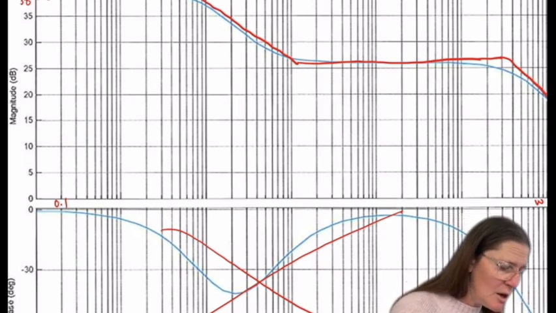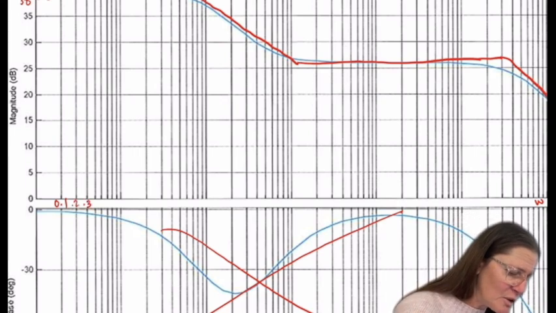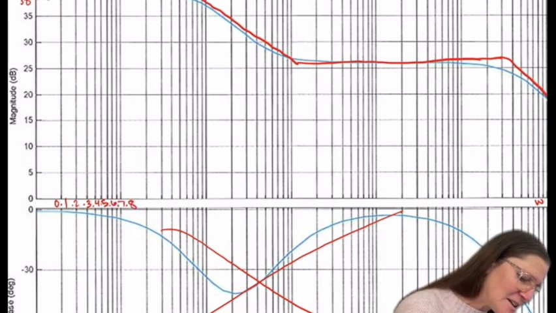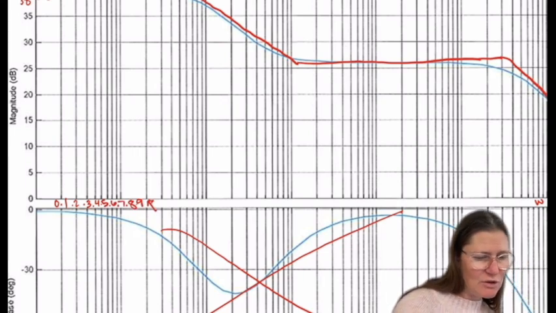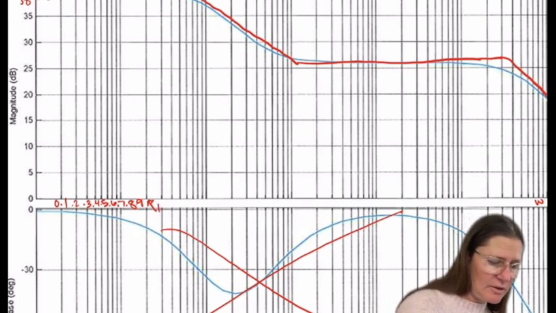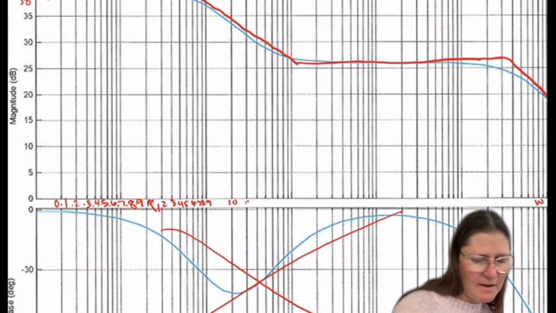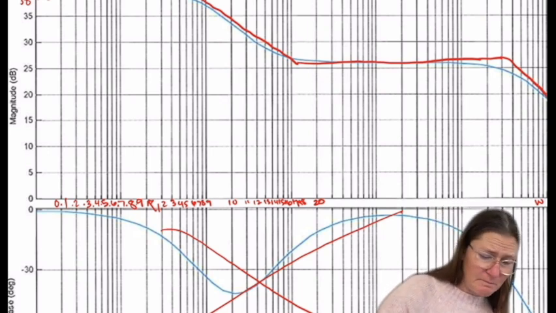So this will be 0.1, 0.2, 0.3, 0.4, 0.5, 0.6, 0.7, 0.8, 0.9, and then the larger gap gives you 1. So this would be 1, 2, 3, 4, 5, 6, 7, 8, 9, and then this is 10.